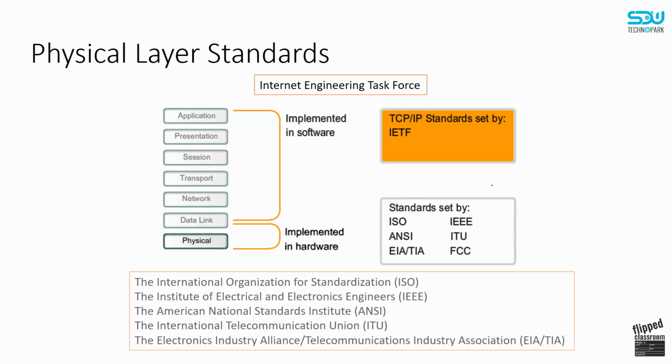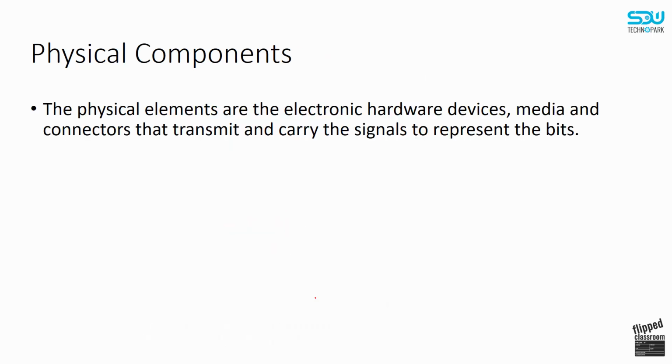All right, physical layer standards. We have some standardization organizations, starting from the IETF and ending with the EIA/TIA. These standardization organizations provide the standards for the physical equipment, for the signal types and so on. Well, the physical components. The physical elements are the electronic hardware devices, media, and connectors that transmit and carry the signals to represent the bits.